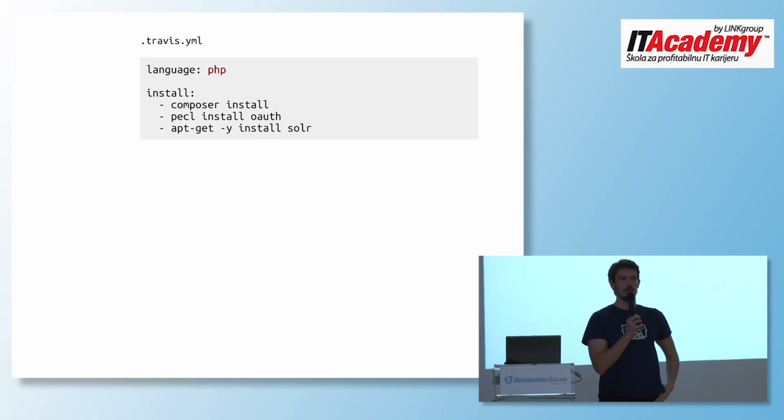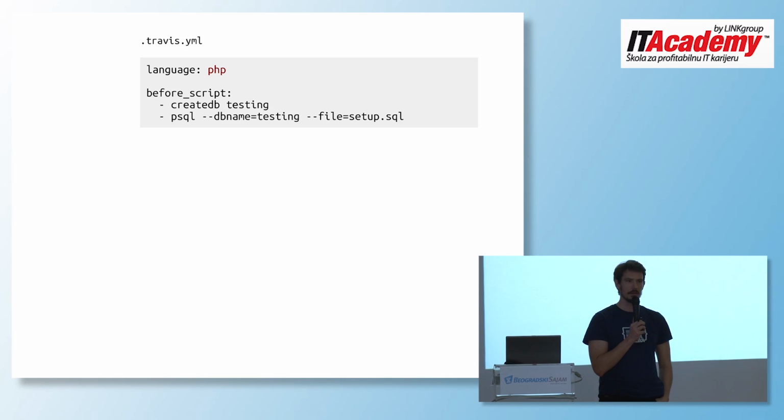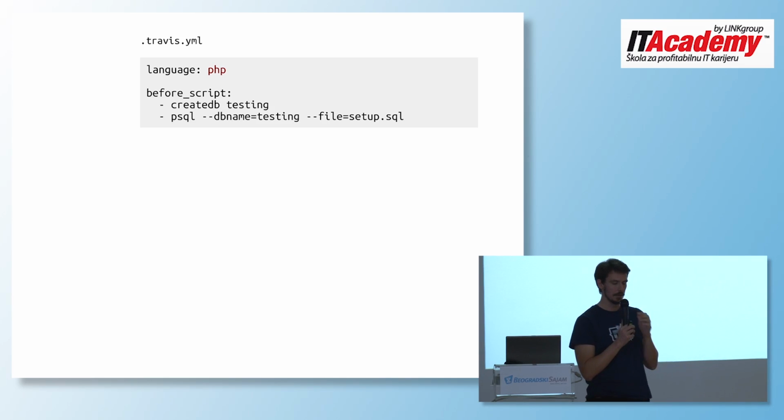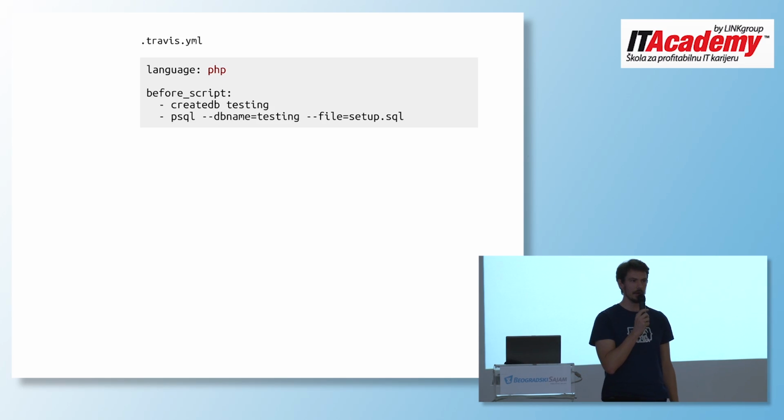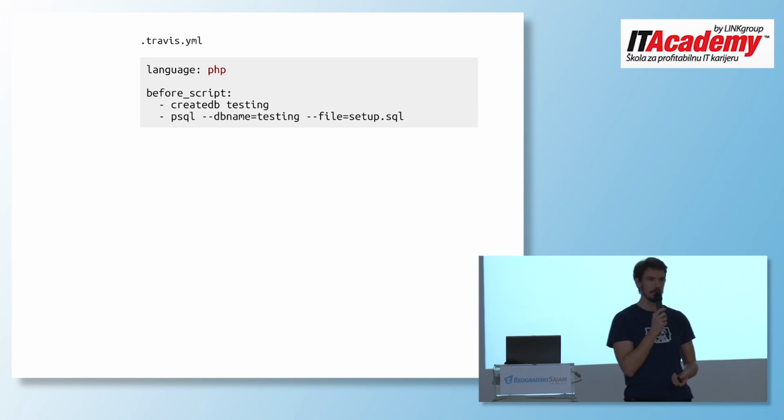The other really cool feature I like about it is the use of environment variables, the env setting. The env setting basically lets you define multiple values for one or more environment variables. In this case, I use the DB variable, which I give 3 different values: Postgres, MySQL, and SQLite.